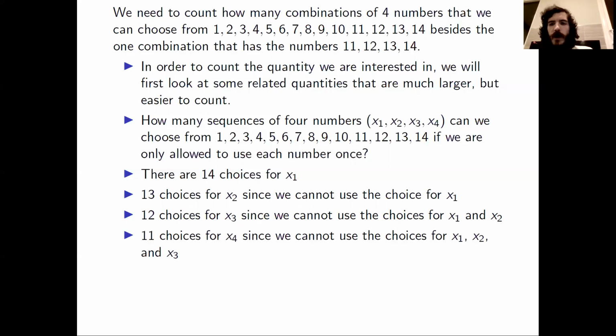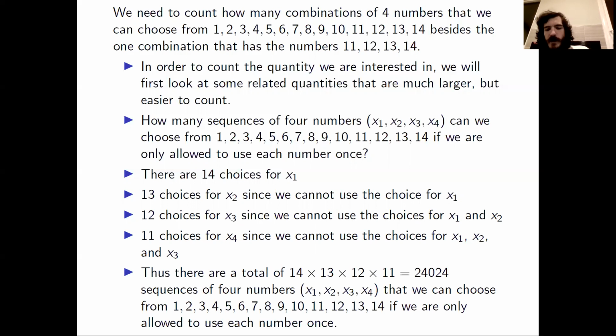Finally, for x4, we only get 11 choices because we can't use the choices that we made for x1, x2, or x3, but we can use any of the 11 other numbers. So in total, we get 14 times 13 times 12 times 11, and that gives us 24,024 sequences of 4 numbers, x1, x2, x3, x4, that we can choose from the numbers 1, 2, 3 up to 14, assuming that we don't repeat any numbers.